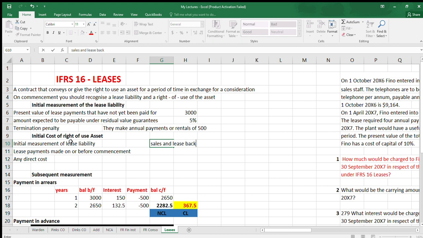And this sales and lease back happens when there's cash flow problems. That's the sales and lease back.